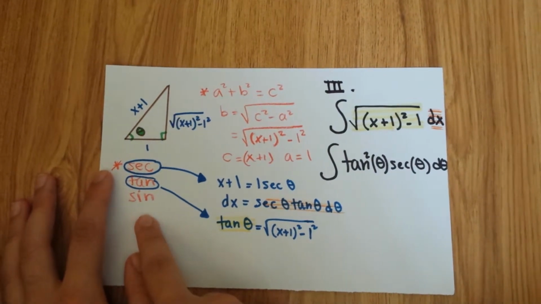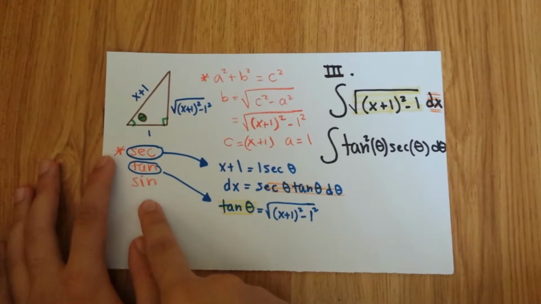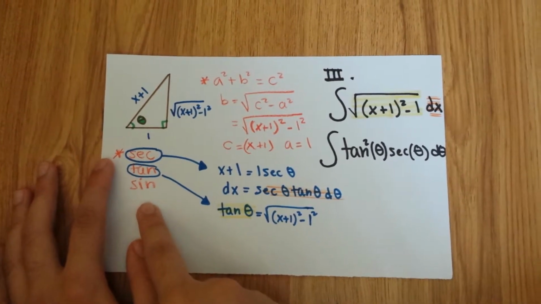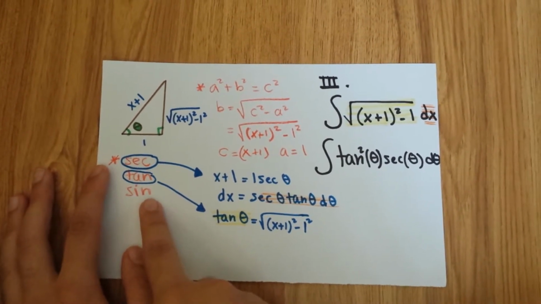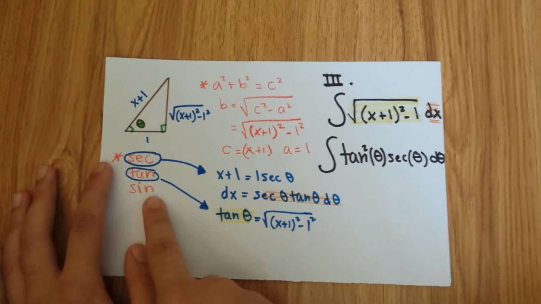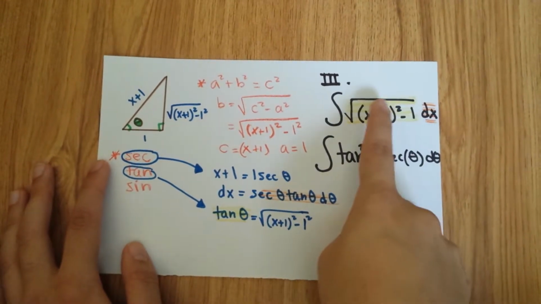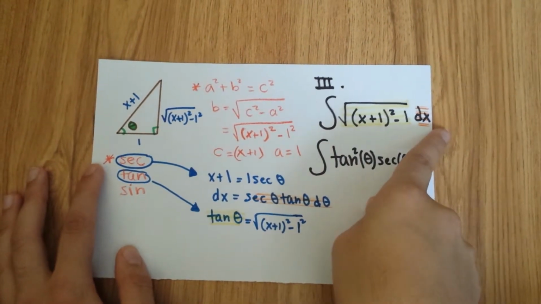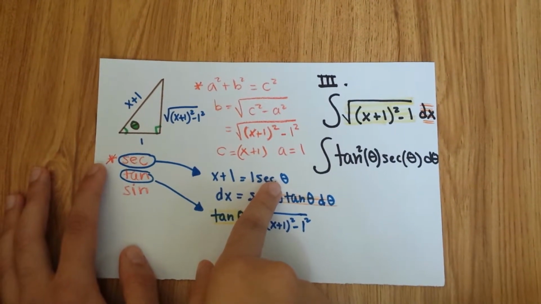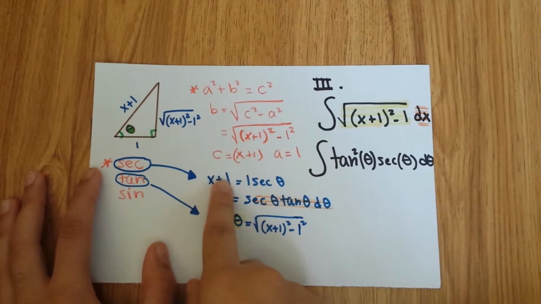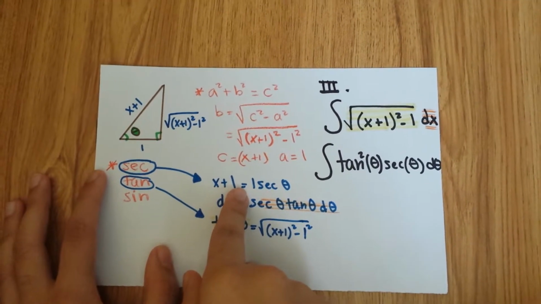Now it gets a little bit tricky here because we have it in terms of secant and tangent, but you can still solve this problem if you really think about which terms you want to substitute in for this term and dx. So we have chosen secant theta, and secant theta is equal to x plus 1.